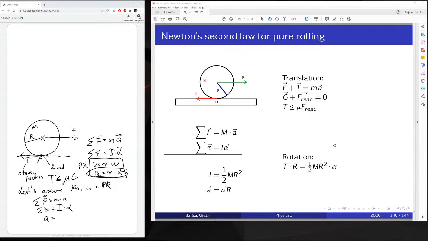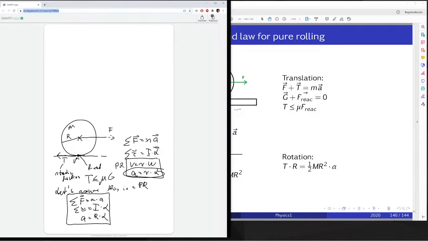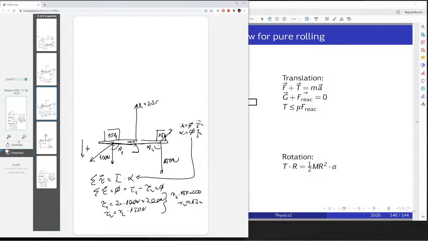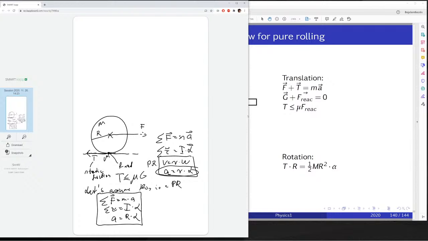So these are the three equations we have to solve. I cleared this table, but you can download it. It's in the snapshots, so anytime you can come back.